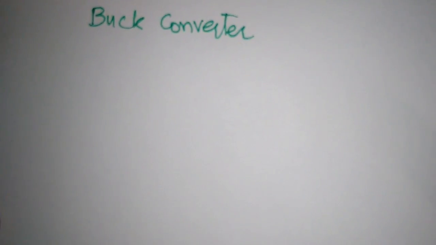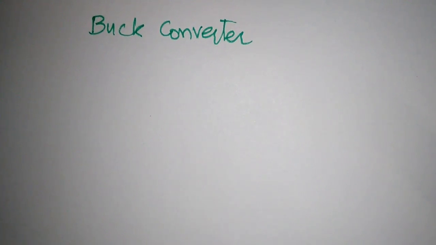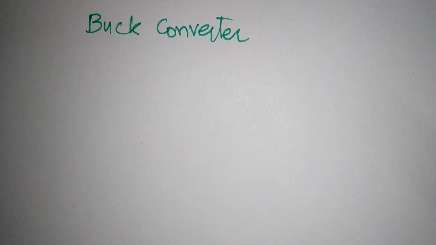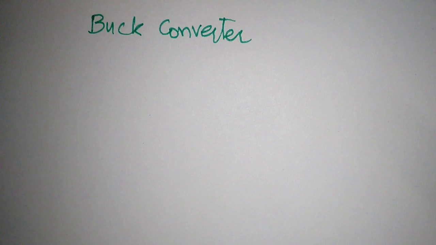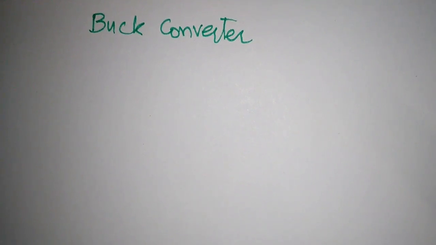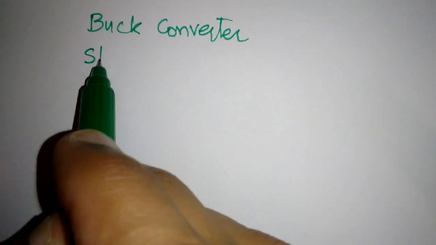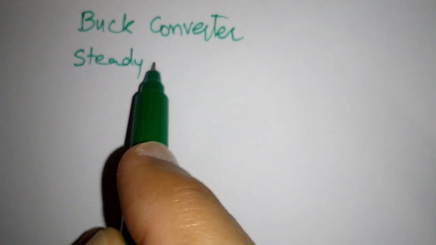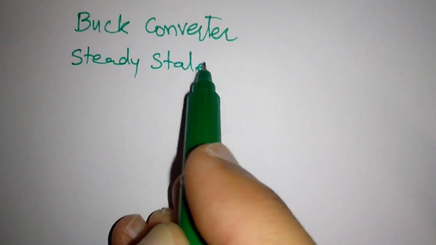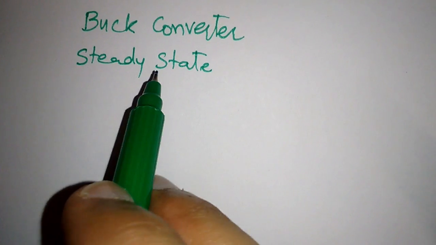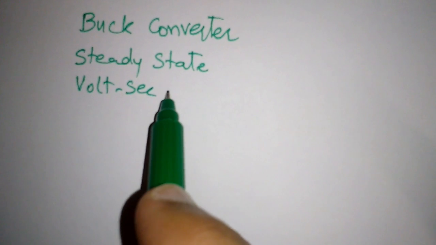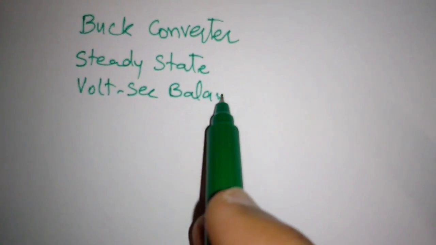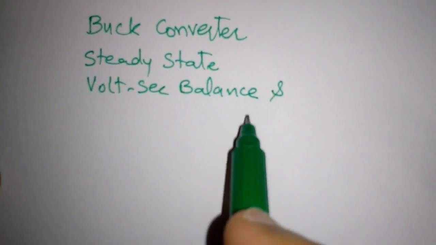And then we will see how buck converter is used to change a value of voltage to another one. And then we will talk about the steady state, and then after that we will talk about volt second balance and charge balance.